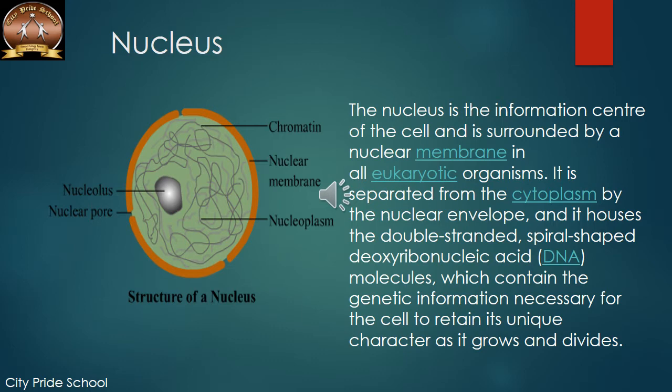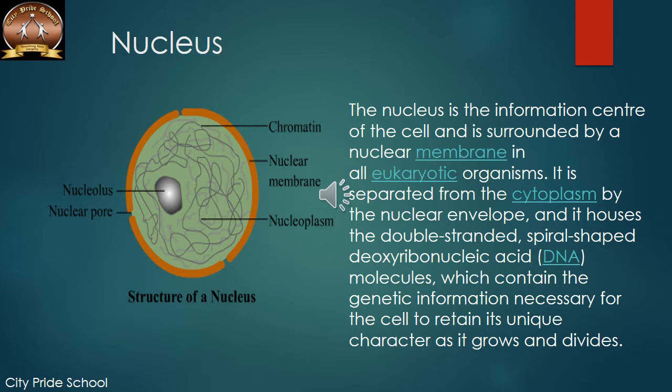There is a nuclear pore through which materials move in and out. Apart from that, inside the nuclear membrane there is another fluid that we discussed in the previous slide, and that is the nucleoplasm. Compared to the cytoplasm, nucleoplasm is a little more dense.